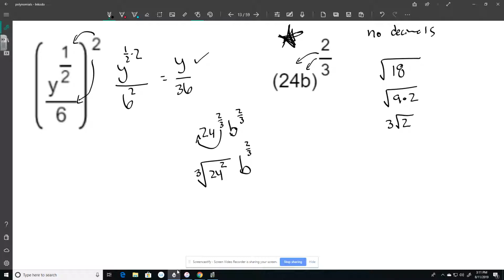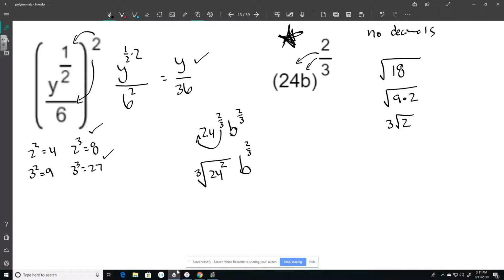We want to do the same thing with this, but we're not looking for square roots. We're looking for third roots. We're looking for cube roots. So something that you haven't memorized yet. 2 squared is 4. 2 cubed is equal to 8. Remember that. 3 squared is 9. 3 cubed is 27.